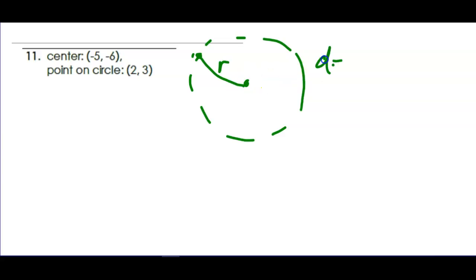This is a trick. Now, if you know the center and you know some point on the circle, you could use the distance formula to find the radius, okay? But the distance formula is a pain in the neck. It's actually related to, okay, does this look familiar?